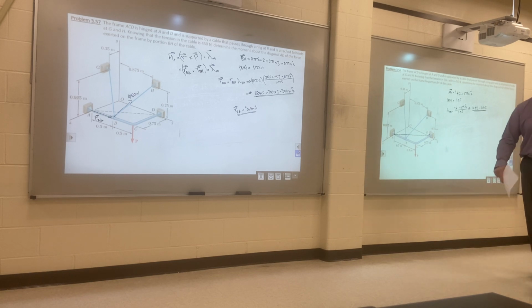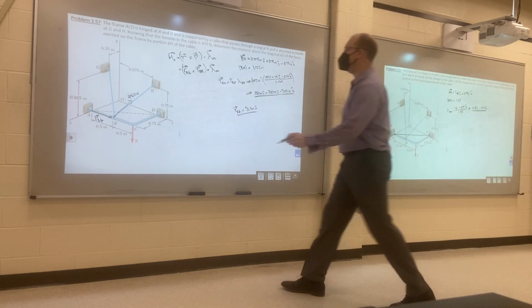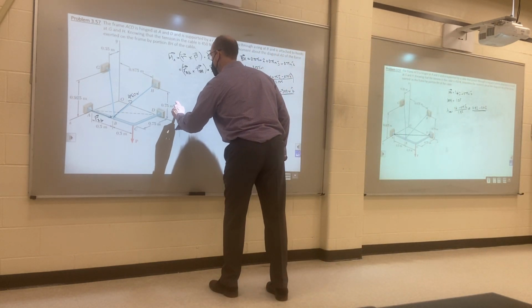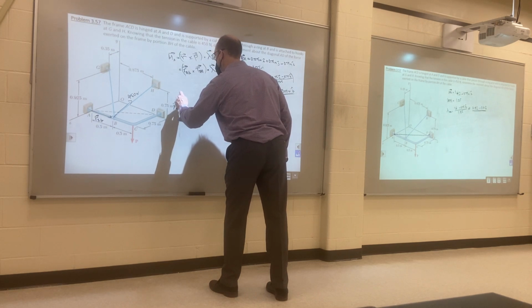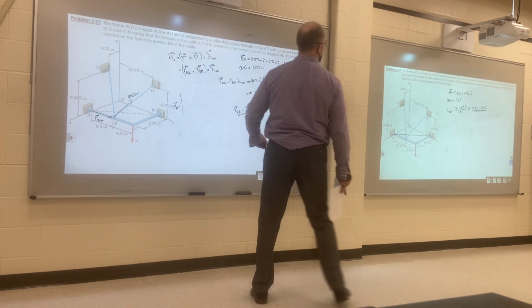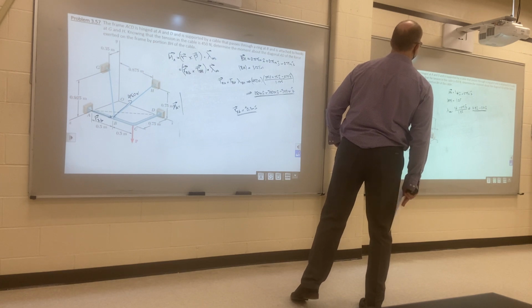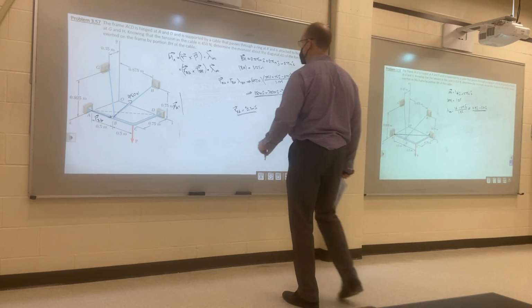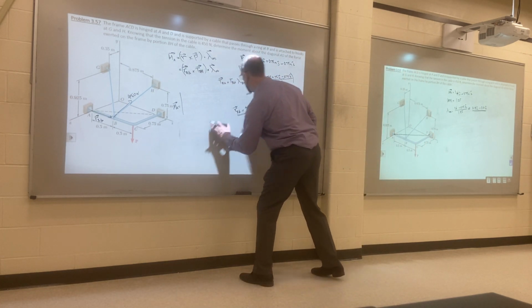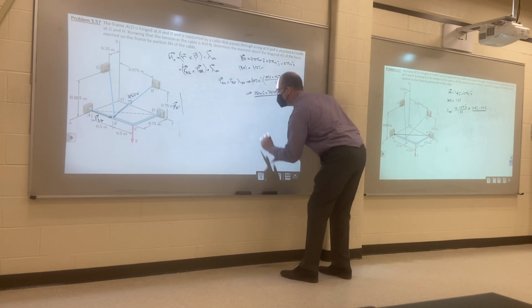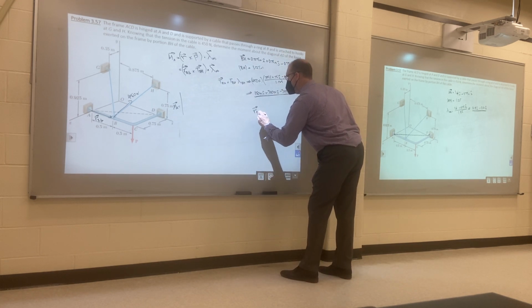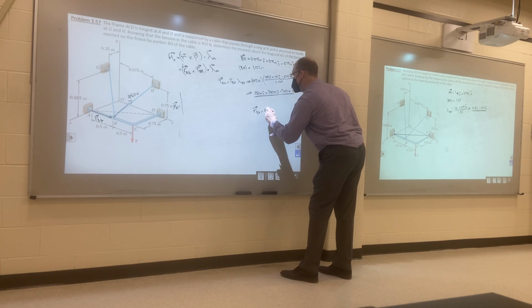I've got all three. Now I place this into a mixed triple product. M_A is equal to lambda dot R_B with respect to A cross T_BH. R_B with respect to A is equal to 0.5 meters up, right?